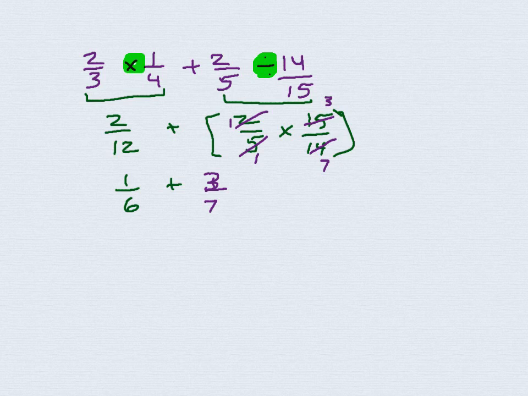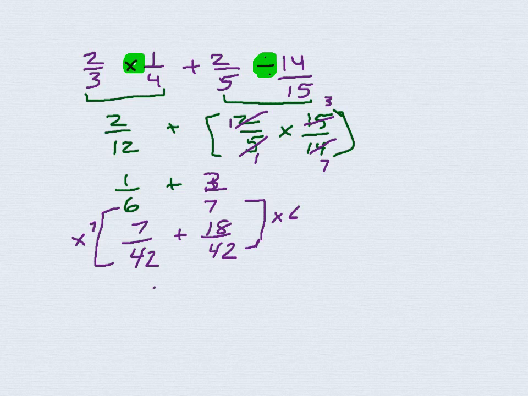Now you must find a common denominator, and 7 is a prime number, and 6 is a factor of 2 and 3, so the product of 6 and 7 is the lowest common denominator. 7 goes into 42 6 times, so 3 times 6 is 18. 6 goes into 42 7 times, so 7 times 1, which is 7.